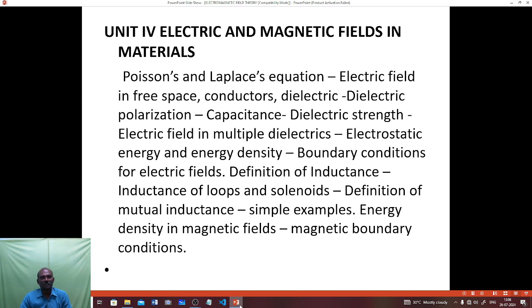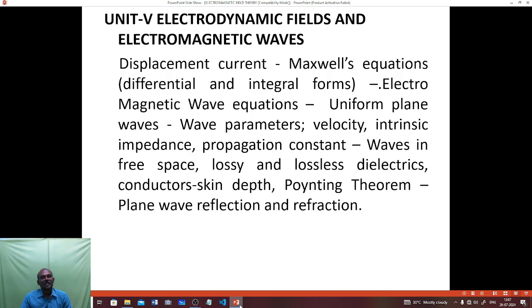Then Poisson's and Laplace equations are used as analyzing tools for finding magnetic and electric fields in materials, along with boundary conditions for electrostatics and magnetostatics with some simple examples. So that's all about electric and magnetic fields in materials.